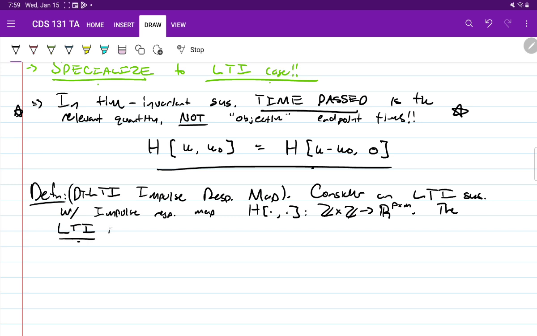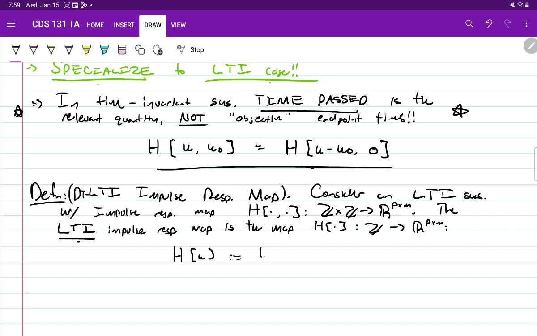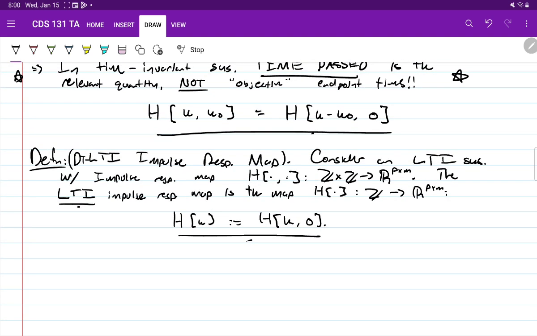The linear time invariant impulse response map is the map H, which now only takes in a single argument, a single value in Z, and still goes into R^(p by m). This map is defined as H at time k is equal to your 2 argument H at k, k naught. So all that we do is remove the second argument, and when we remove the second argument, we declare it to be an LTI impulse response map.